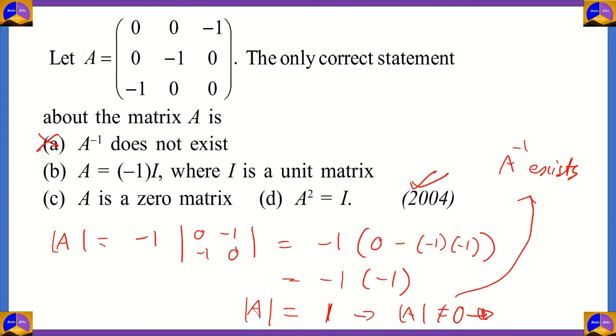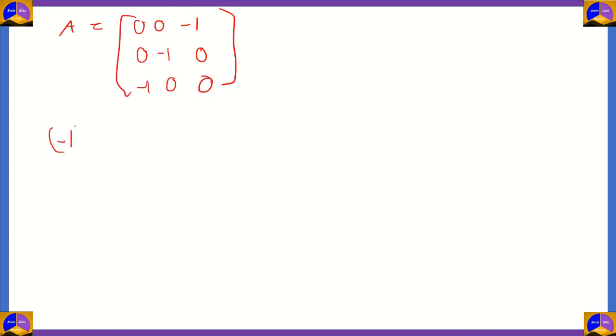In option B, it says that the value of the matrix A can be written as -1 times I, where I is considered as the unit matrix. So the matrix A, when we write it down, is 0, 0, -1, 0, -1, 0, -1, 0, 0. However, if you take -1 times the unit matrix, it will be equal to -1, 0, 0, 0, -1, 0, 0, 0, -1.